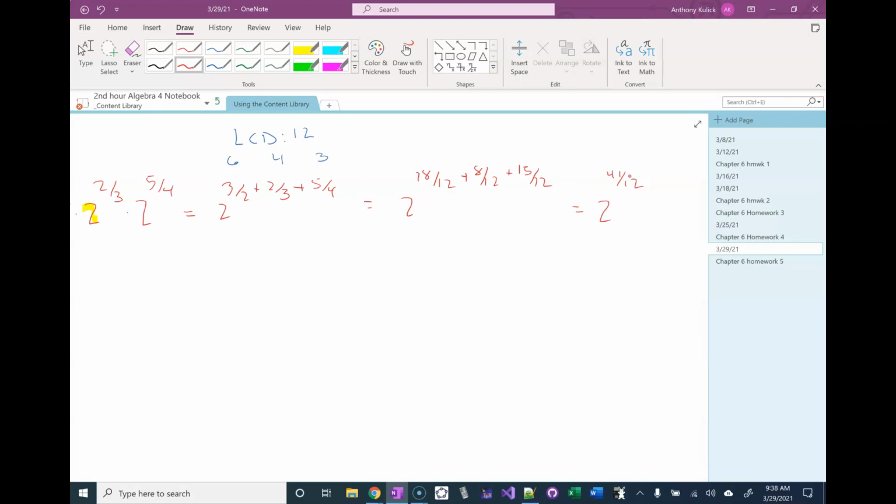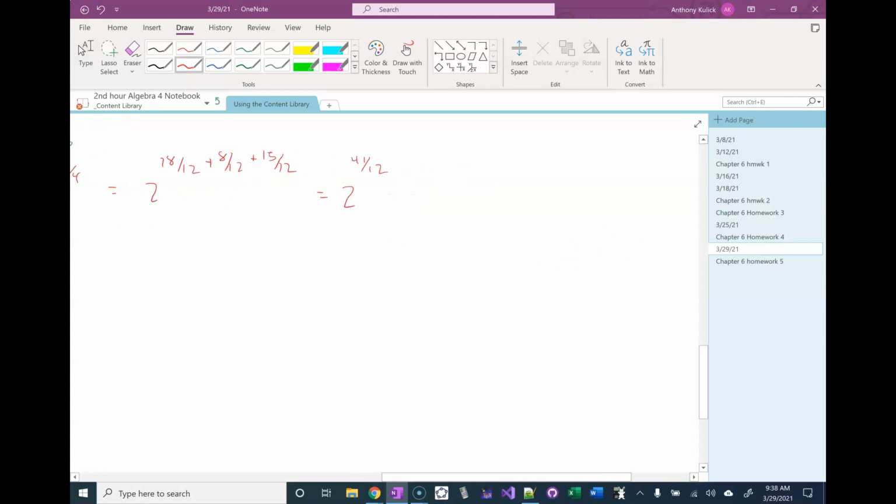I've got that down to a single piece, or I've combined all the like terms together that I can. So now it's time to convert this back into a radical. So the denominator of my fraction is the index. The numerator of my fraction is my exponent.